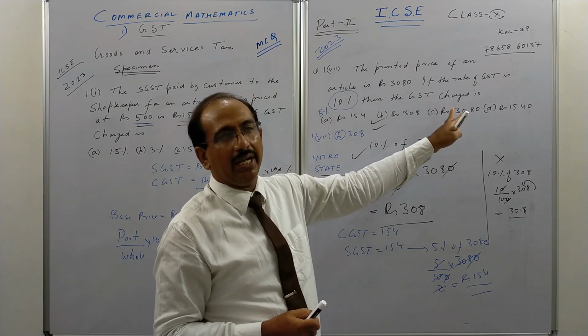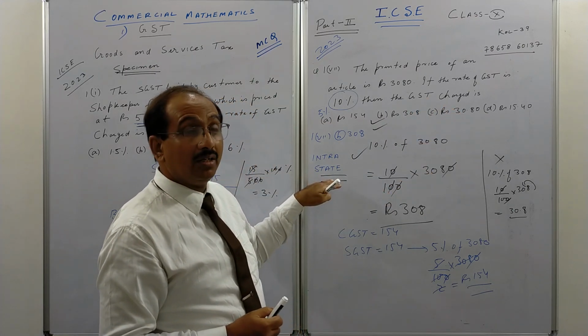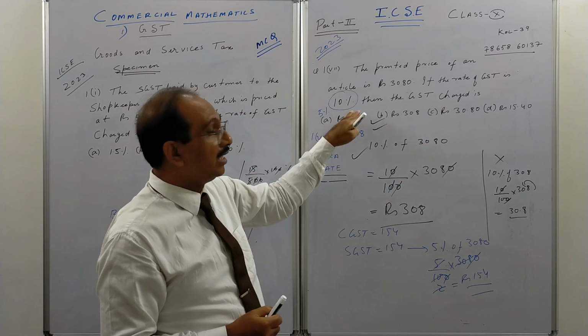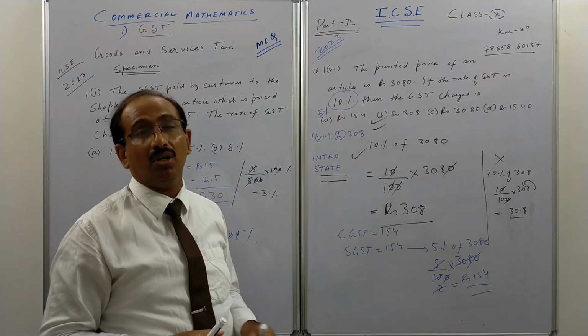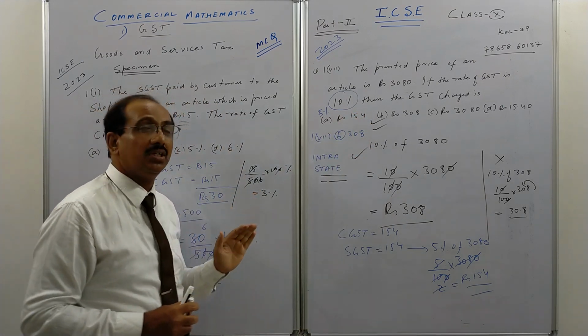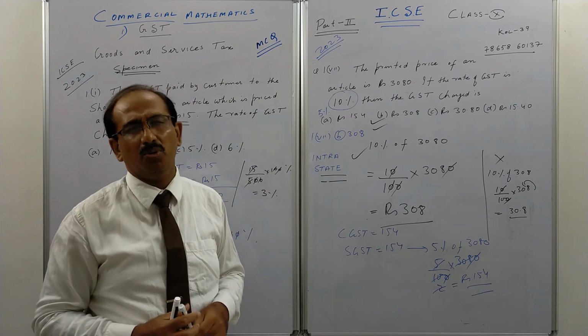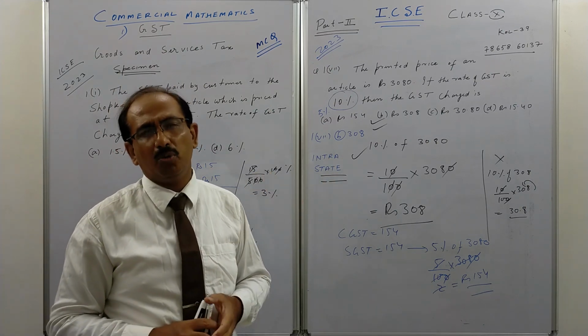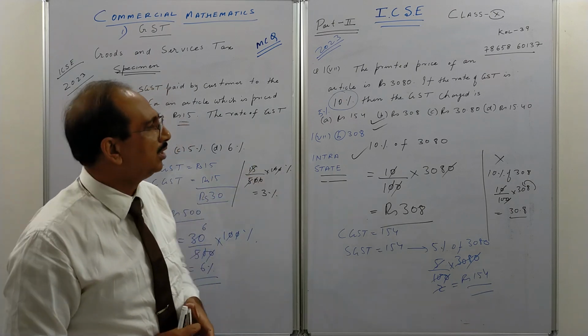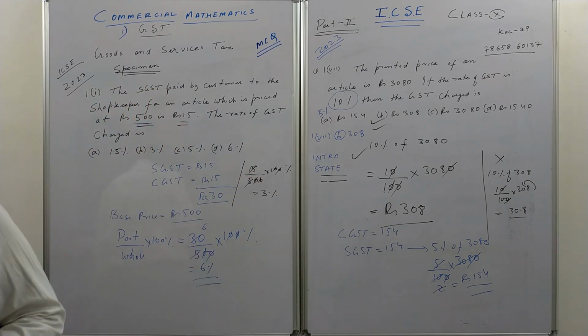If SGST was paid and the trade is intrastate, the answer would have changed. So use your common sense and try to understand the concept in my first 3-4 videos. Then you can go to the book, see the solved examples, whatever book you are following, then do the unsolved examples. Kindly pause the video and copy.